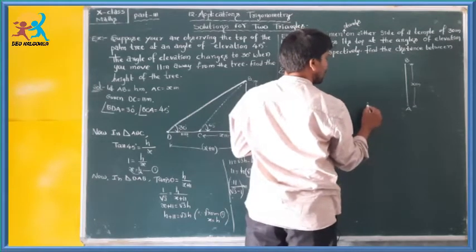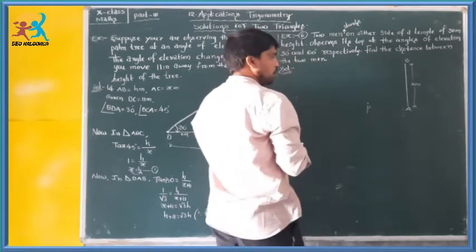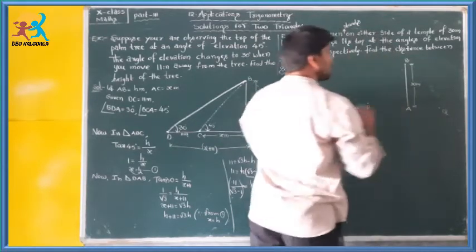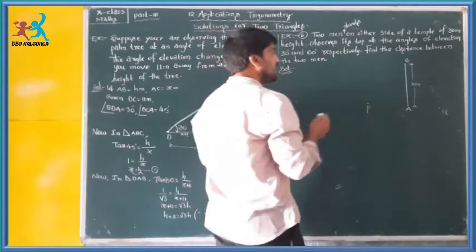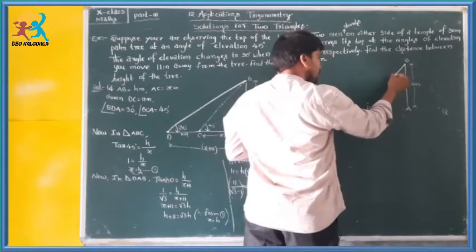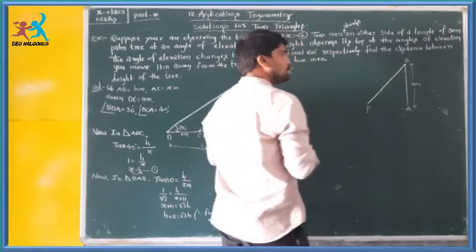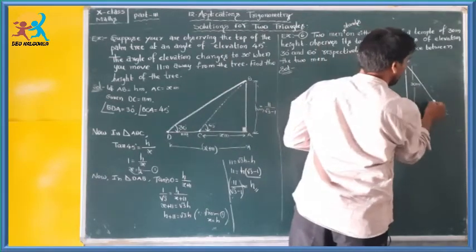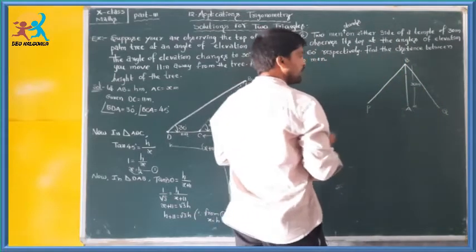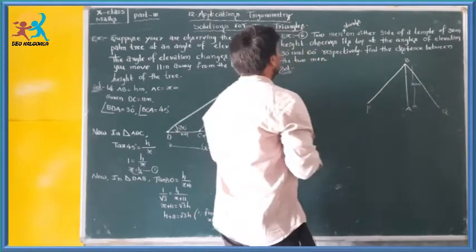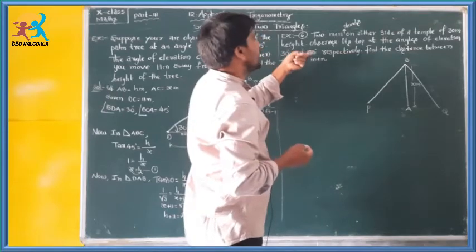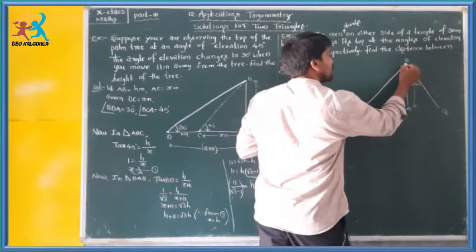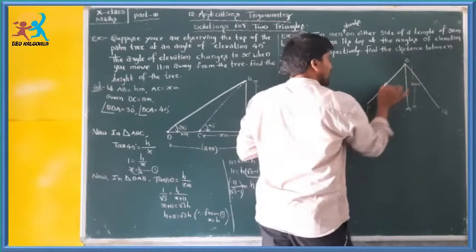The person P stands on one side of AB and the person Q stands on the other side, and they are observing the top of the temple from P and Q. This is the observer point, this is the observation point, that is the object, and this is the line of sight.